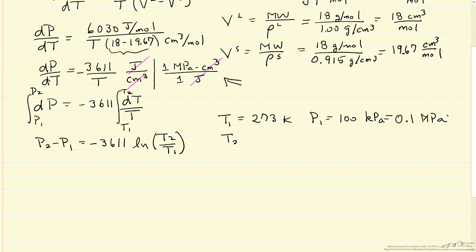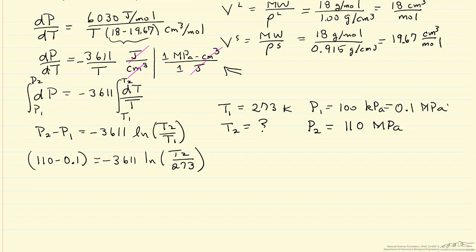And temperature 2 is what we're solving for, and pressure 2 is 110 megapascals. So I'll just make the substitution of these numbers. Both pressures are in megapascals. Of course, we have to use absolute temperature in these equations. Do this subtraction and rearrange.